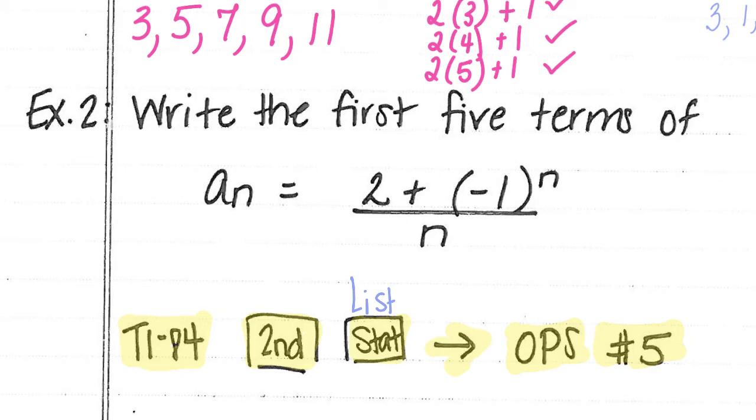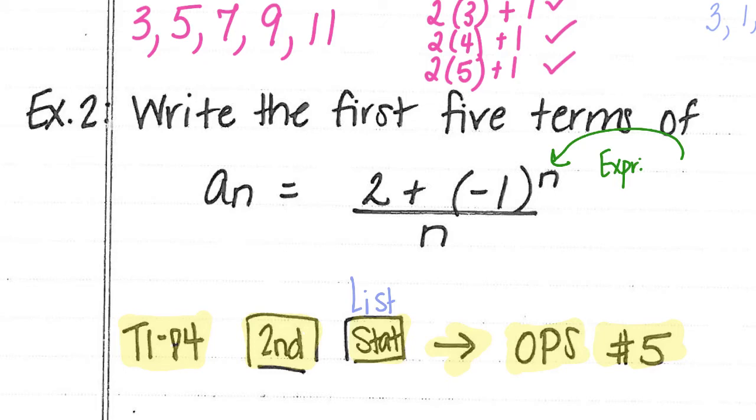If you don't have a newer calculator, it's not going to come up nicely for you. I'll have to teach you a different way, or you'll have to Google it. The first thing they're going to ask for is the expression. So this is where you're going to have to put this in. Remember to pull up that vinculum.